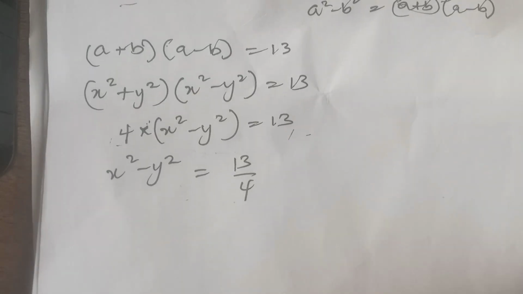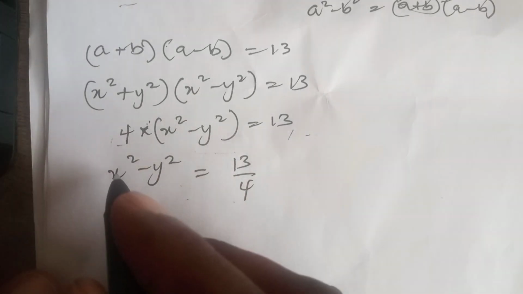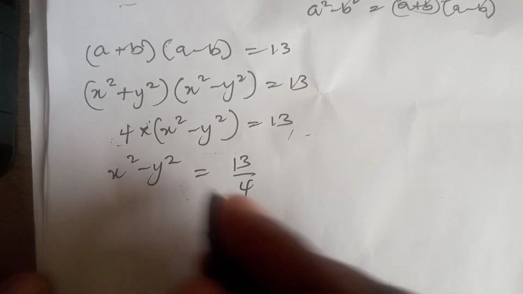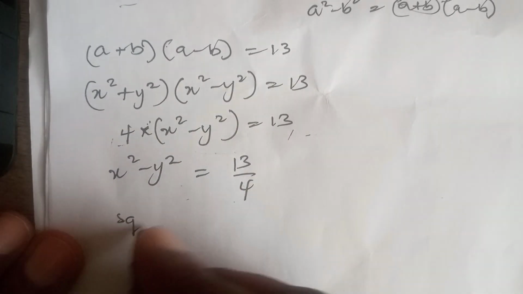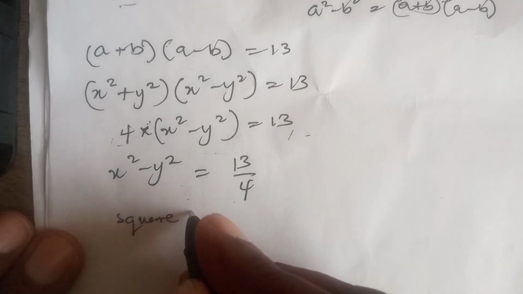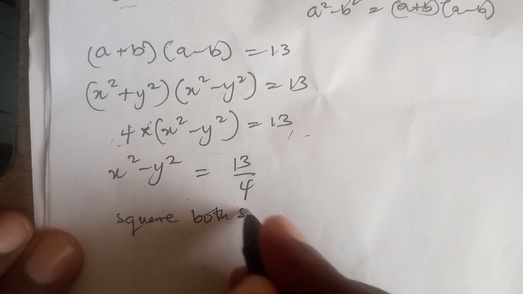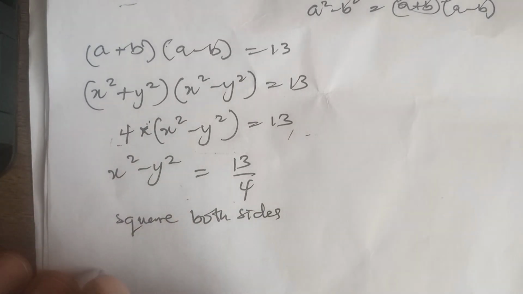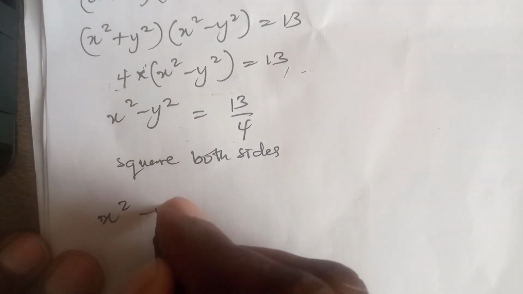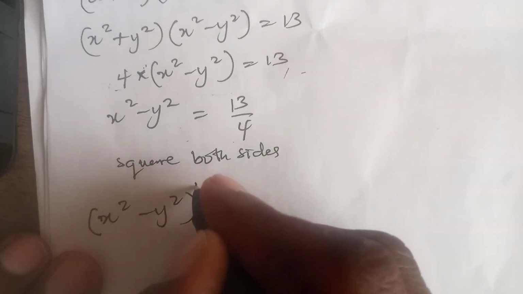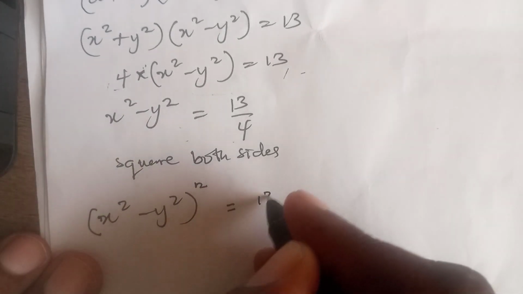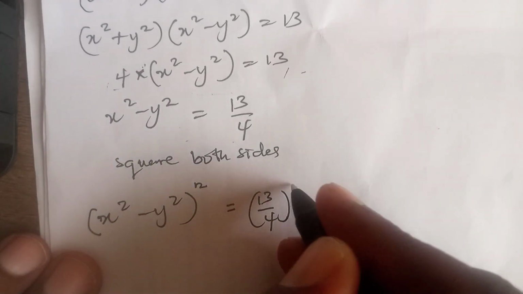So what do we do to make it raised to power 4? We square it. We apply the square to both sides: x squared minus y squared, all squared, equals 13 over 4, all squared.